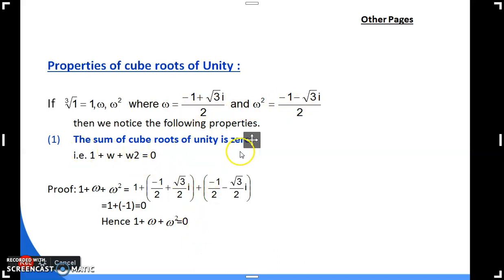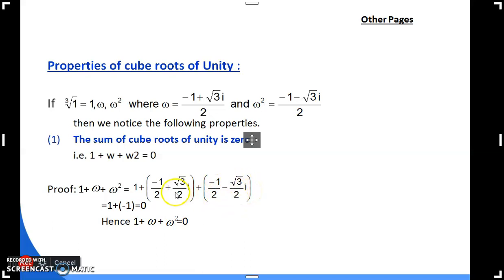The first property is the sum of cube roots of unity is 0. That means the three cube roots are 1, omega, omega square, and their sum is equal to 0. Let us see: 1 plus omega plus omega square equals 1 plus omega value, minus 1 by 2 plus root 3 by 2i, plus omega square, minus 1 by 2 minus root 3 by 2i.